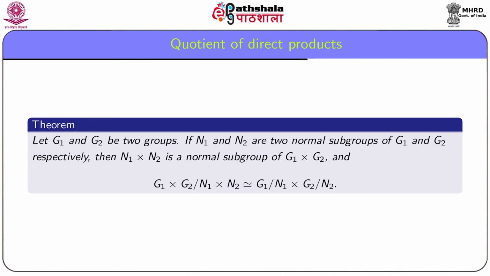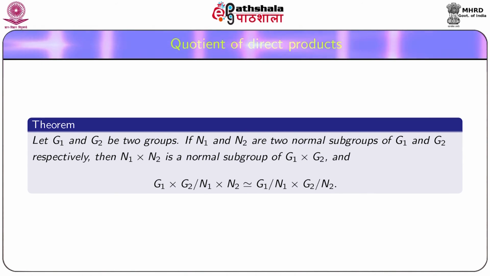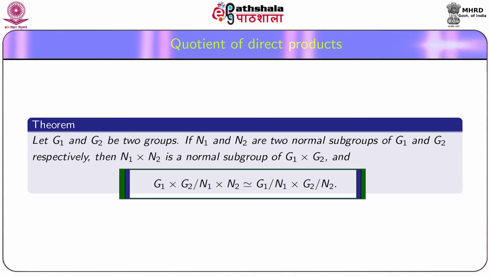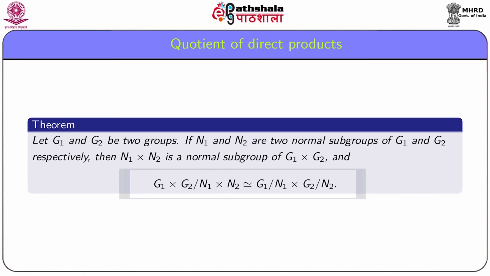Let G1 and G2 be two groups and N1, N2 normal subgroups of G1 and G2 respectively. Then N1 cross N2 is a normal subgroup of G1 cross G2, and the quotient of G1 cross G2 by N1 cross N2 is isomorphic to the product of G1 by N1 and G2 by N2.